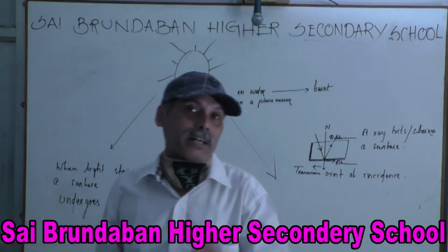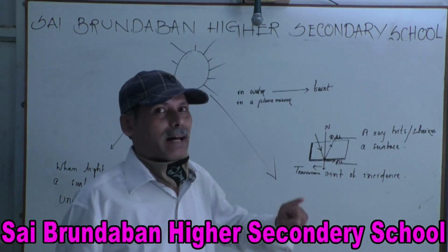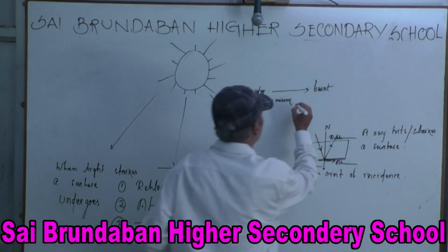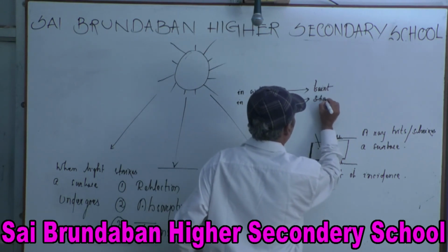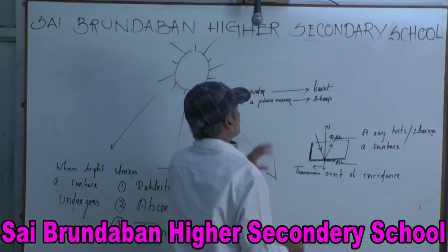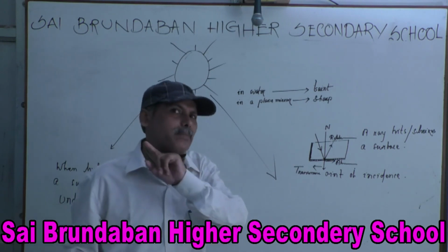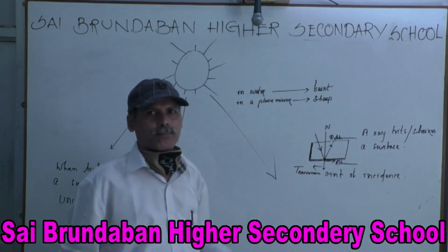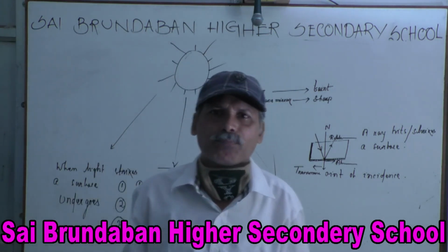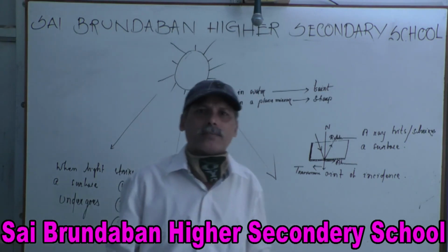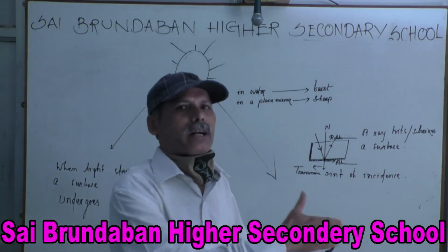But in front of a plain mirror, you can see your image, which is very sharp. Why is your image faint in water, while it is sharp in a plain mirror? The basic difference is, in case of water, some of the incoming rays are absorbed by the water and some part is transmitted through the water.